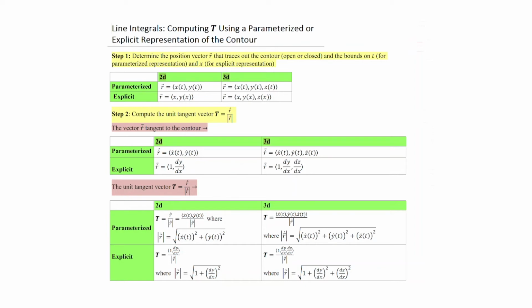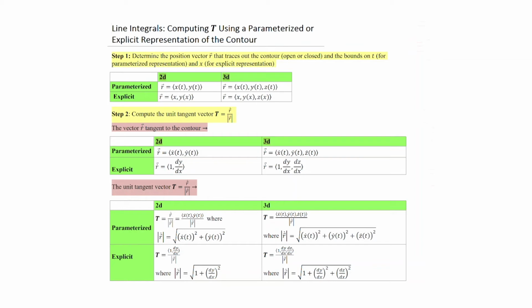So in the case of parametrization, we've chosen t as our variable. So r dot vector is x dot, y dot in a 2D case. In the 3D case, it would be r dot is x dot, y dot, z dot. For the explicit representation, then we're dealing with now everything in terms of x.